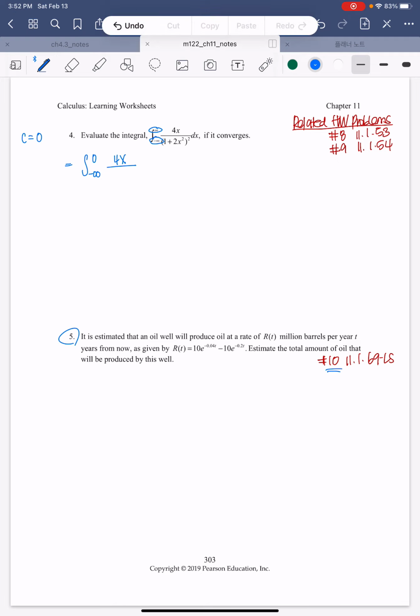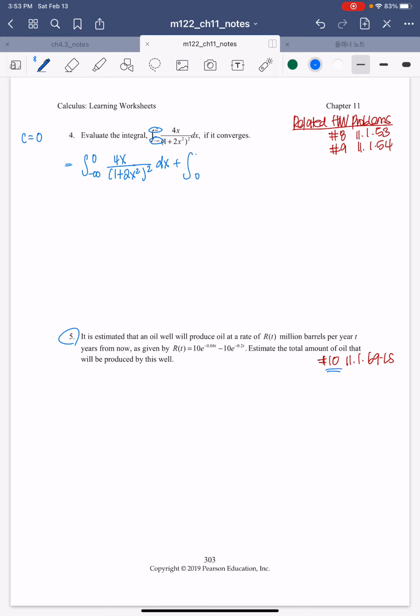And then we have 1 plus 2x squared, whole thing squared, dx. 0 to infinity, 4x over 1 plus 2x squared, whole thing squared, dx. Okay. Continuing.